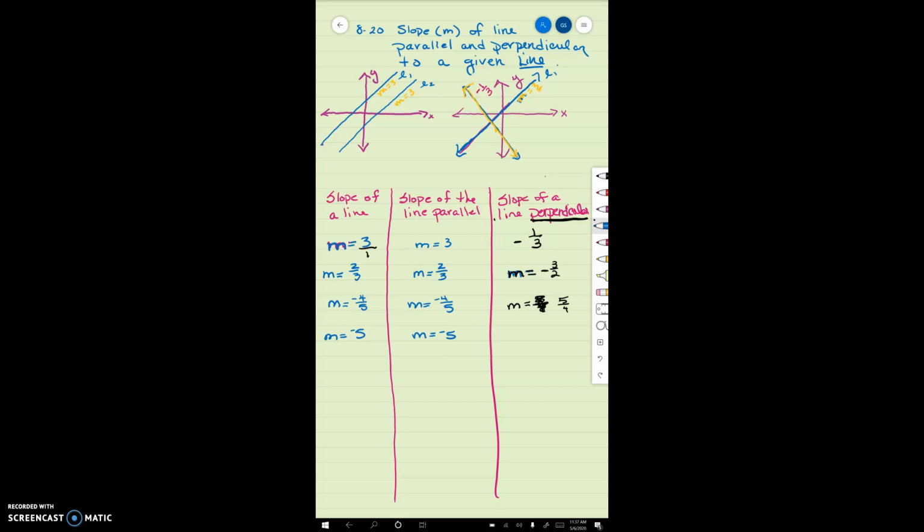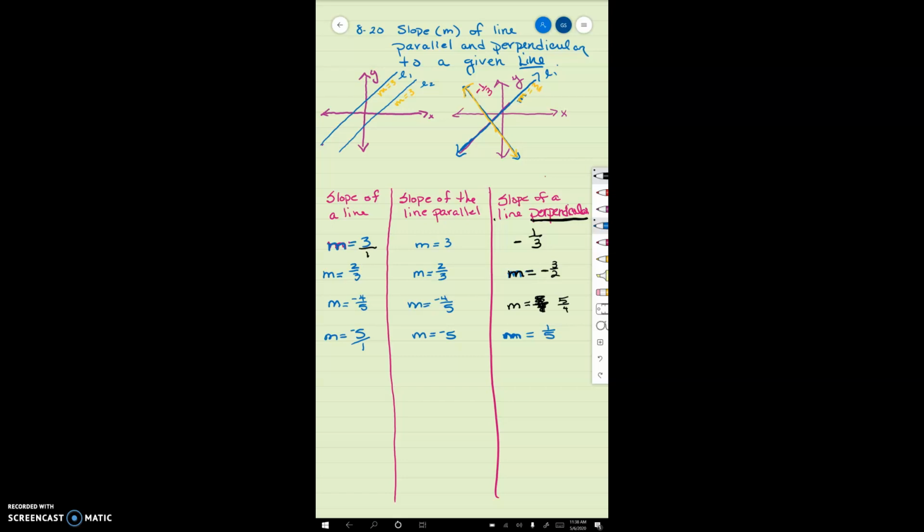The slope of the line perpendicular is m equals, okay, we're going to change the sign. Negative becomes positive, and then it's a 5 over 1 becomes 1 over 5. We want to change it to a fraction so we can flip it.